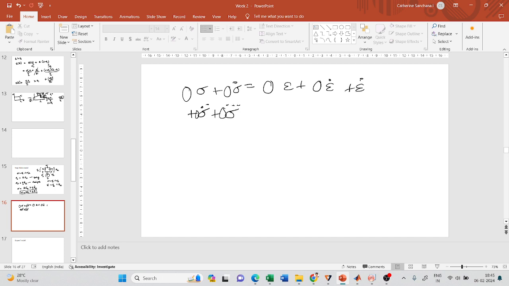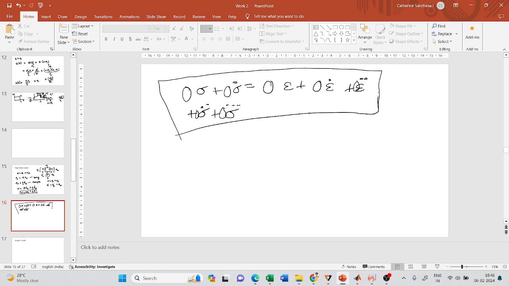For this model it is only these two. This is the general form of a linear viscoelastic model. It can be, let us say, P sigma plus Q sigma dot plus R sigma double dot plus etc. is equal to A epsilon plus B epsilon dot plus C epsilon double dot plus etc. So this is going to be my general constitutive equation form for a linear viscoelastic model.